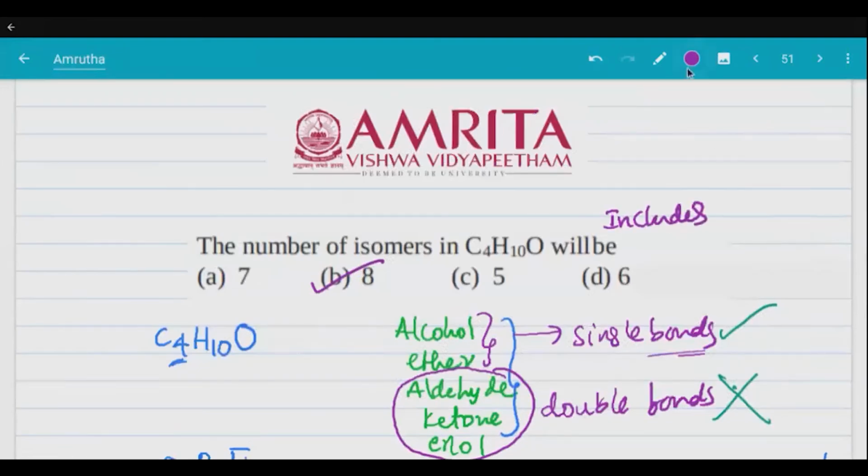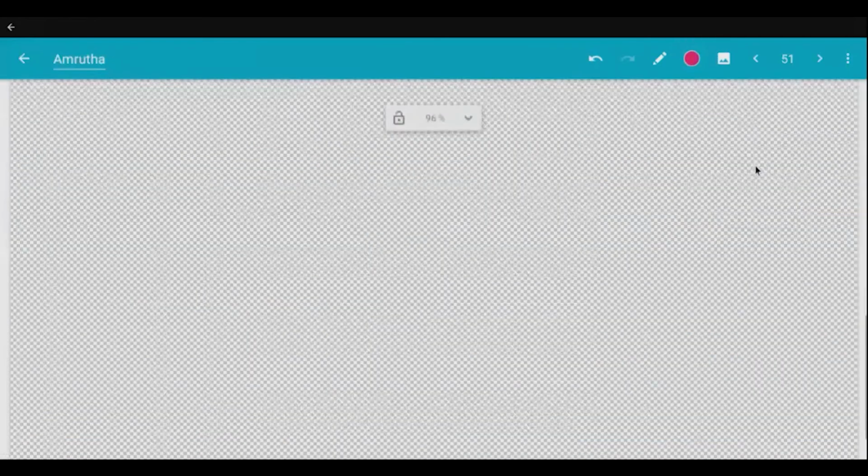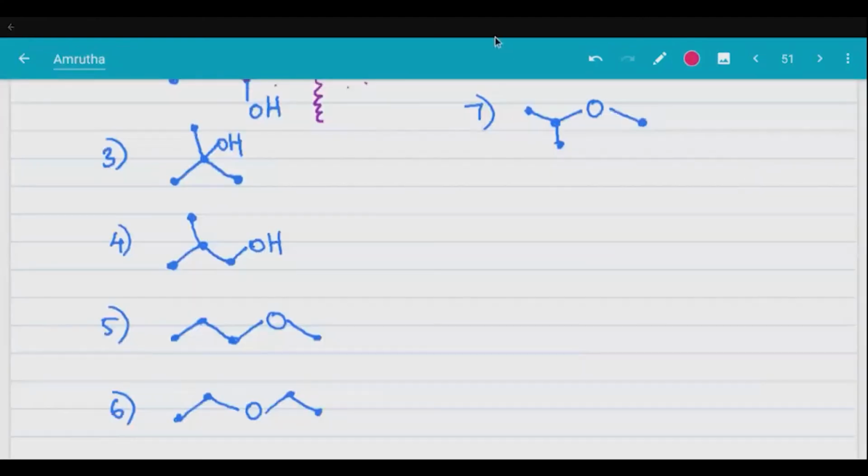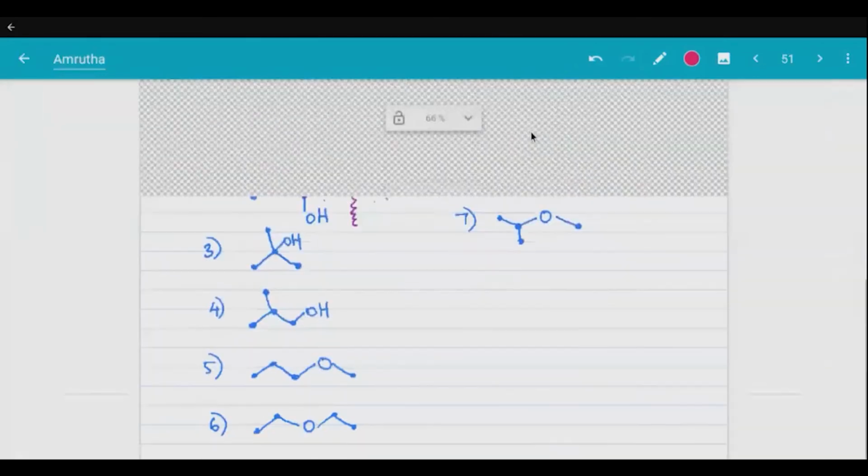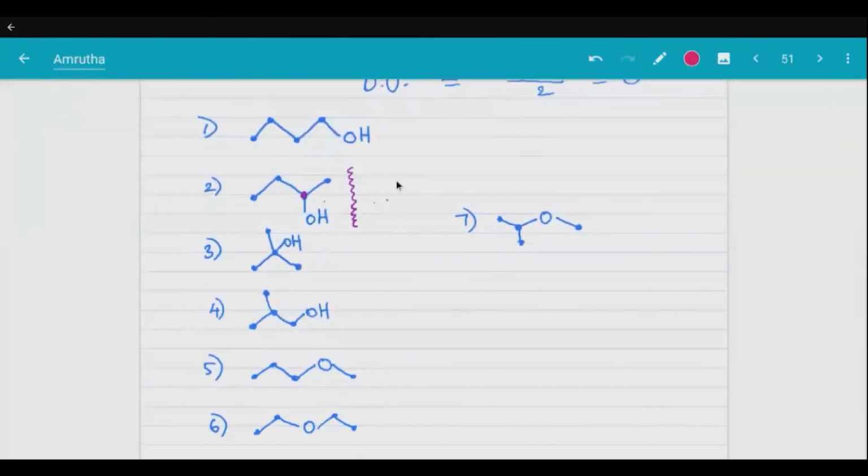This includes stereoisomerism. If it mentions structural, we are looking at structural actually. So you have to take that isomer also. Chiral means two enantiomers, basically stereoisomers. Connectivity is the same, but the arrangement can be different.